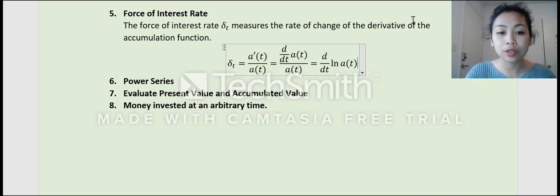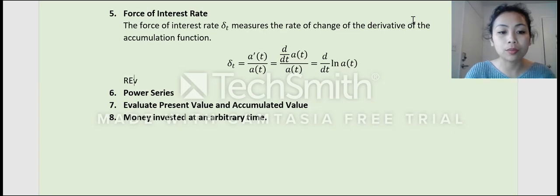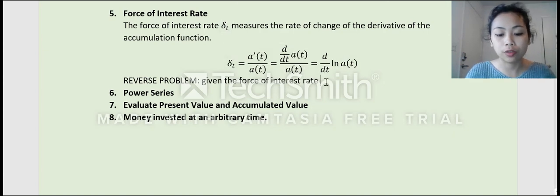So we have the reverse problem. That is, given the force of interest rate delta t, how to construct the accumulation function?